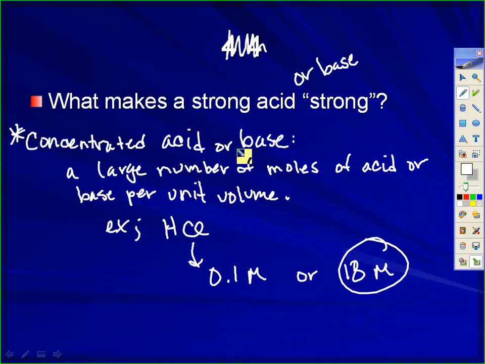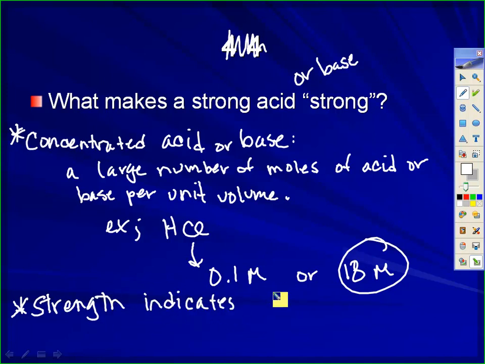So there's a difference between concentrated and strong. Concentration is the molarity that you know, and we've talked about so far. Strength indicates the extent of ionization.